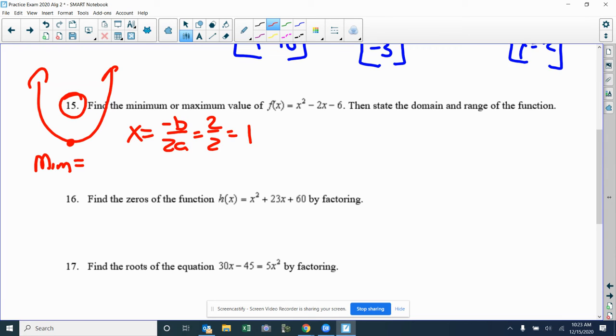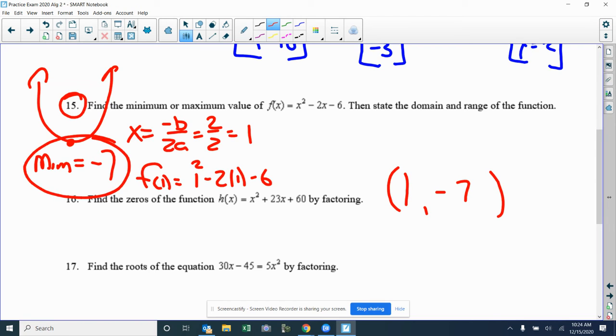We need to plug 1 back into that, so we have to find f of 1. So 1 is the x value of my vertex. I'm plugging in 1: 1 squared minus 2 times 1 minus 6. 1 squared would be 1, minus 2 would be -1, minus 6 would be -7. So I do have a minimum at -7.